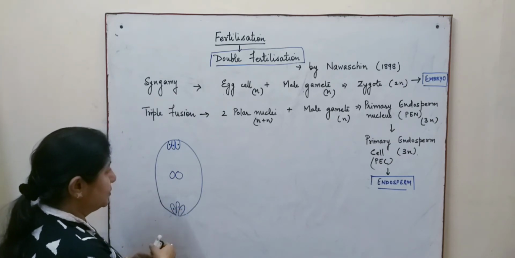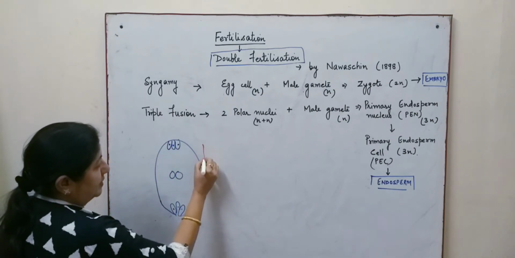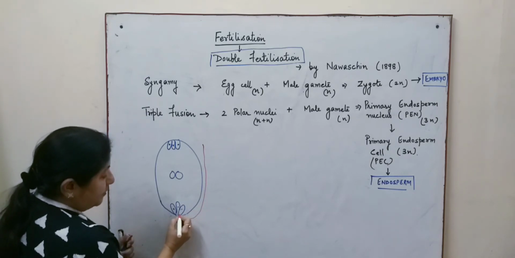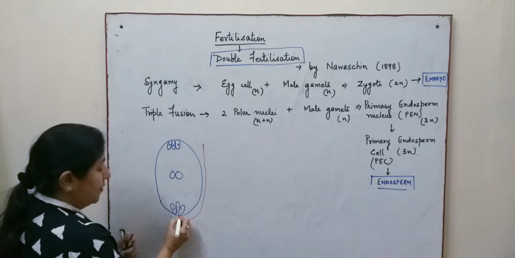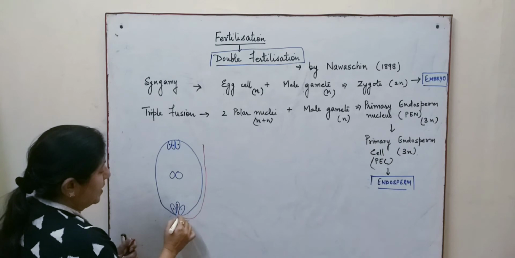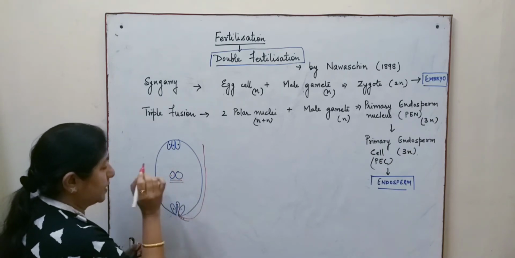Now, when the pollen tube enters here, carrying the male gametes, it consists of 3 male gametes. One of the male gametes fuses with the egg cell, while the other fuses with these two polar nuclei.